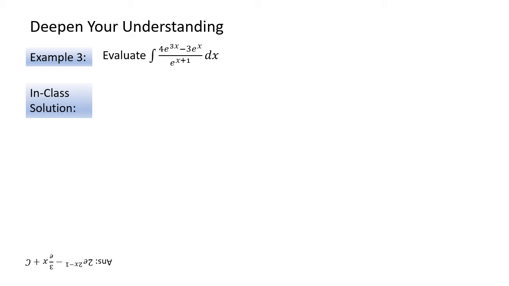Okay? So I'm going to write this as the integral of 4 e to the 3x divided by e to the x plus 1 minus the integral of 3 e to the x over e to the x plus 1. I didn't put the dx on each. And that's because since they're divided by the one term here, that's the same as each term individually divided by that term.